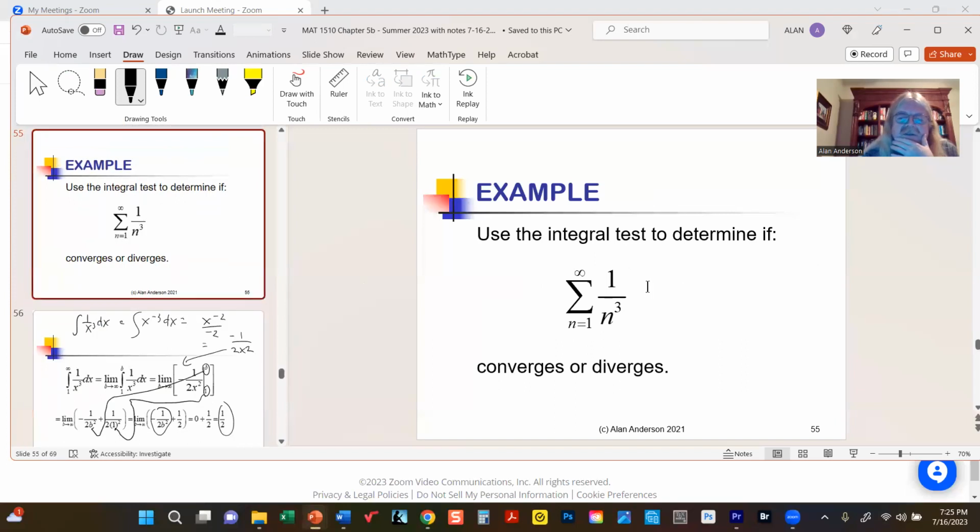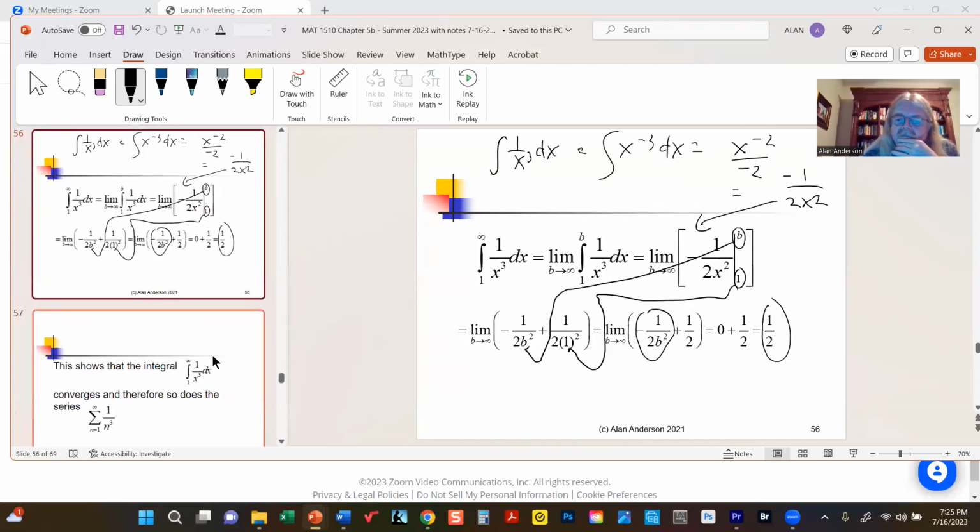So let's say we have something like this, the infinite series 1 over n cubed, which starts at 1, by the way, because if n equals 0, then this gives us division by 0. We want to know if this infinite series converges or diverges. So we're going to convert this into an integral.